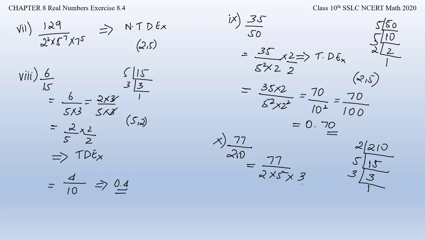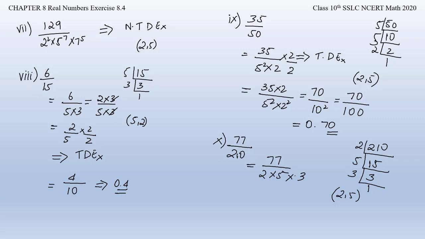For a number to be a terminating decimal expansion, we should have only the powers of 2 and 5. But here we have 3 also in the denominator, which cannot be removed even by taking out the common factors between the numerator and denominator, as we did in problem number 8, where we cancelled out the 3 by removing the common factors between numerator and denominator.